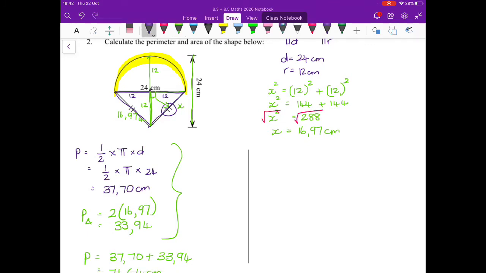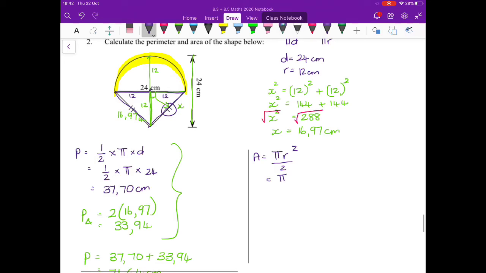Now let's have a look at the area. The area of the semicircle is going to be pi r squared. But remember, it's half a circle, so I'm going to divide it by 2, or I could have multiplied by half.